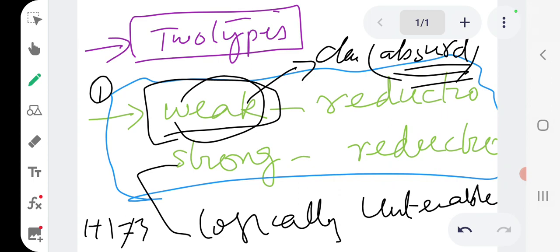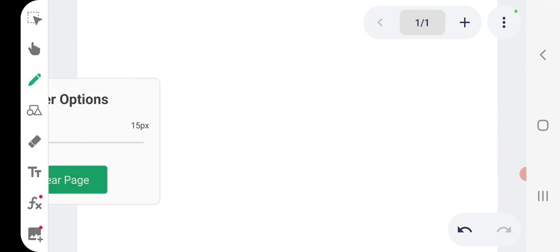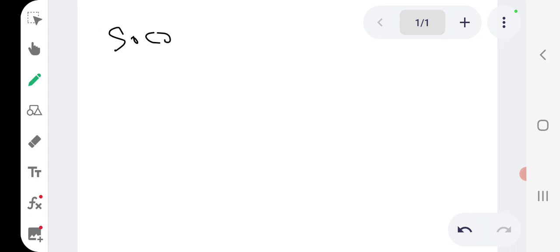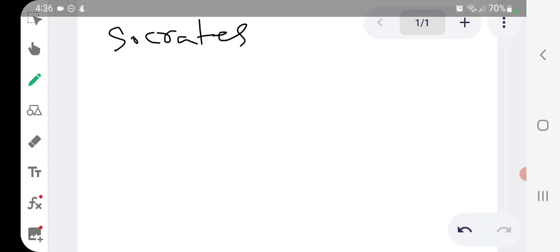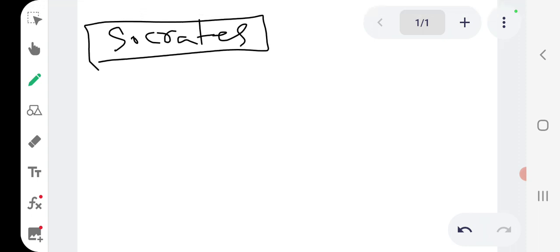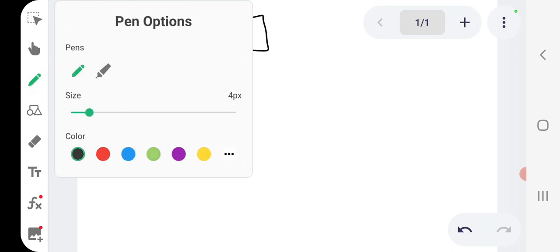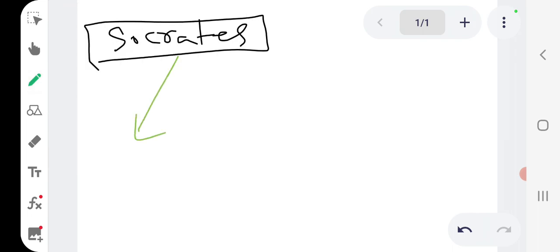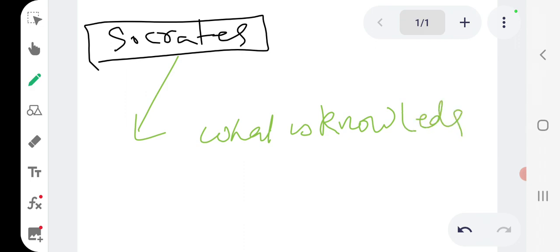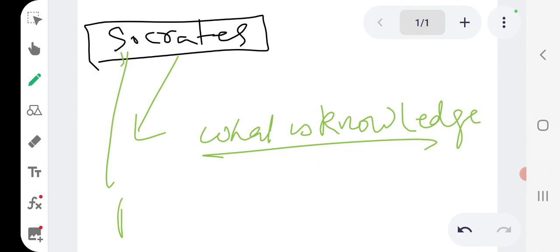And this first type of argument, Socrates, for example, uses a lot. For example, in the Theaetetus, he asks his interlocutor, Theaetetus, what is knowledge? Define knowledge. And I think he says it is perception. Knowledge is perception.